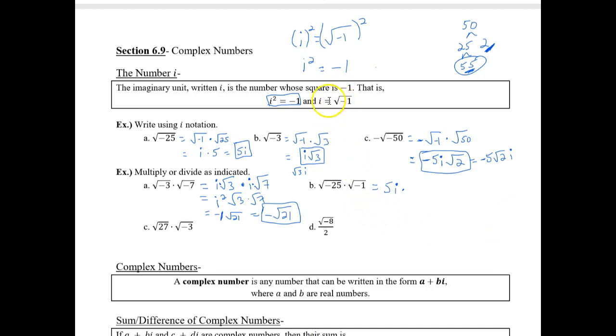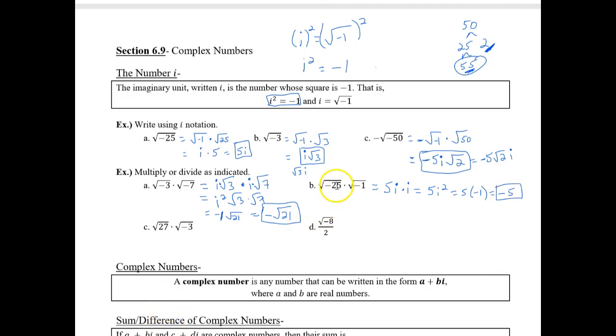Well, the square root of negative 1 is i itself, so just times i. And then 5i times i is 5i squared, and i squared is negative 1.